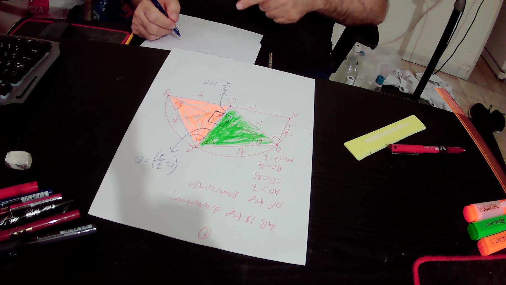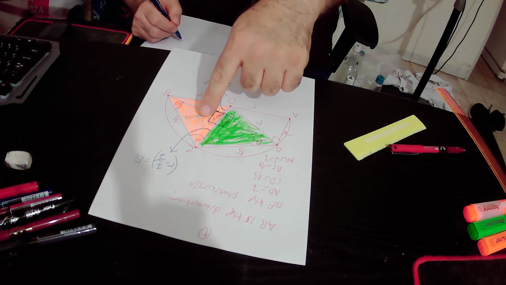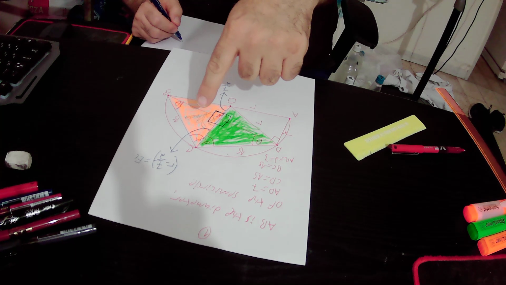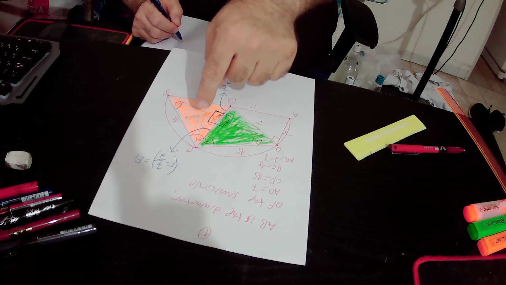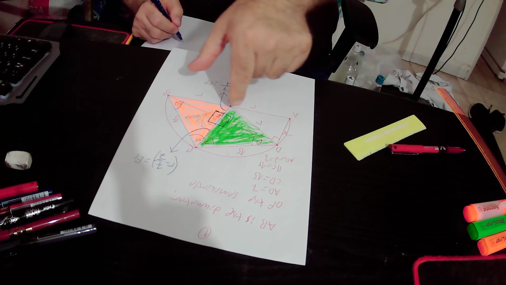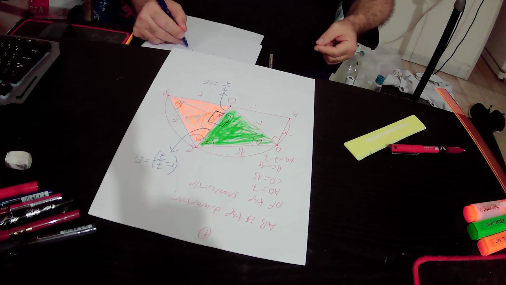And the second EB squared is related to this right triangle, triangle CEB. Here, EB squared equals CB squared minus EC squared.